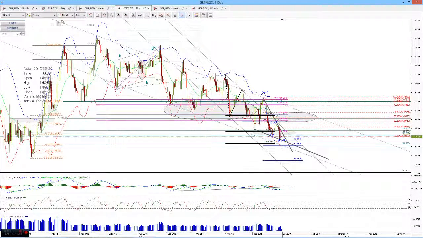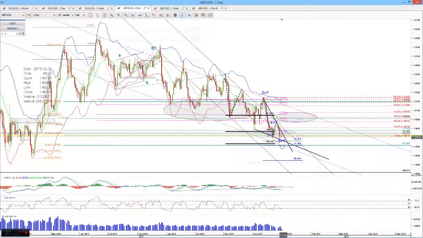Okay, switching to the Great Britain Pound USD. Last time I said we may have a fourth corrective wave in a diagonal, 1, 2, 3, 4, and maybe a final 5. So should we have a strong reversal in this area based on candlesticks, I may try to go long.